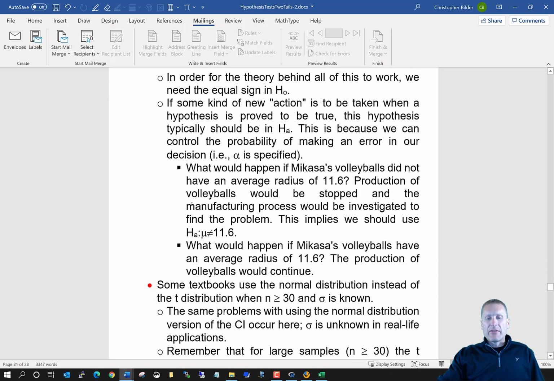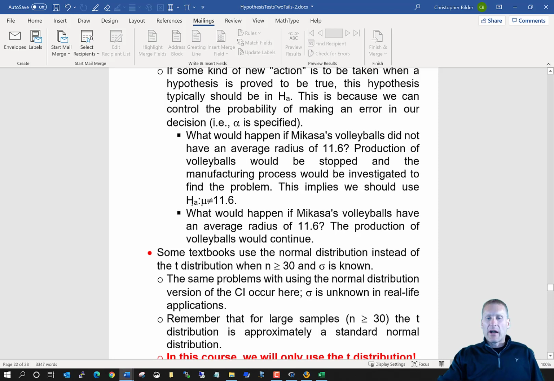Now, if some kind of new action is to be taken when a hypothesis is proved to be true, this hypothesis is typically done in HA. And this is because we can control the probability of making an error in our decision. So you should think about it this way. What would happen if Mikasa's volleyballs did not have an average radius of 11.6? Well, production of the volleyballs would be stopped.